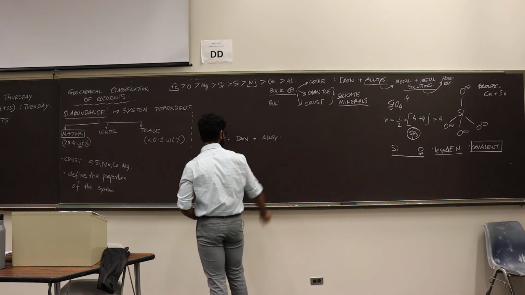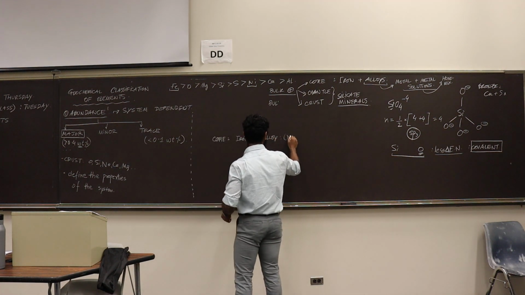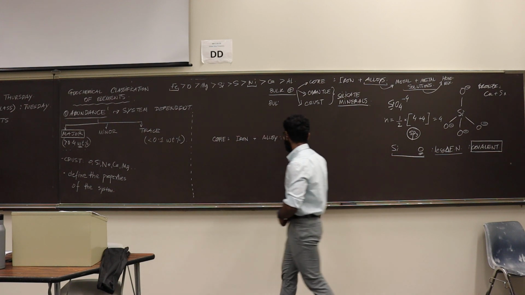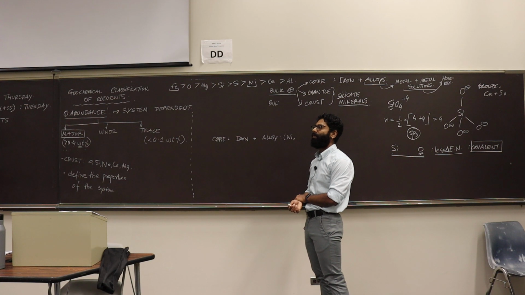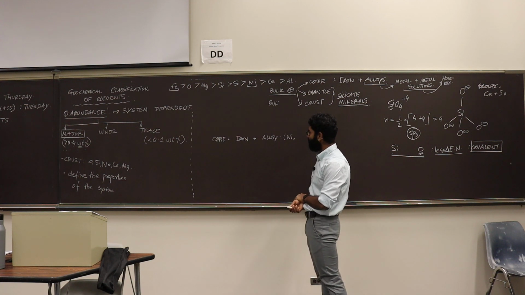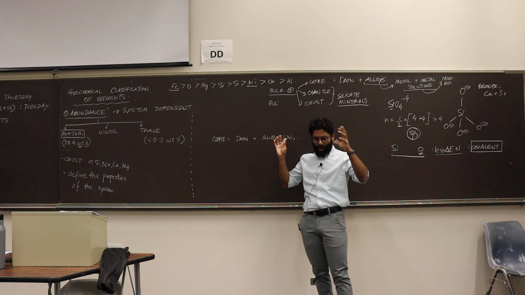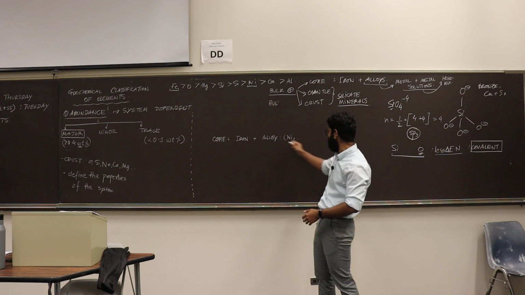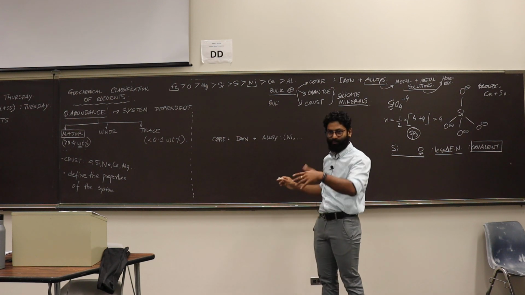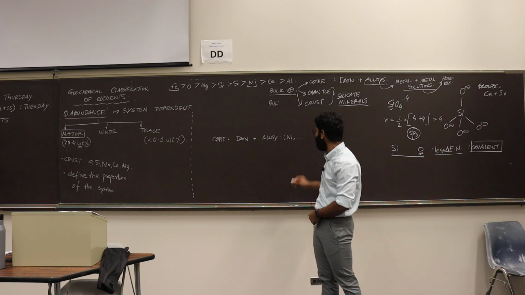We'll see what those are. They can be nickel. What are the other really common alloys that you can think about? We'll look into that. There are many complicated ones which I don't always remember, but I'll write a list down for you.